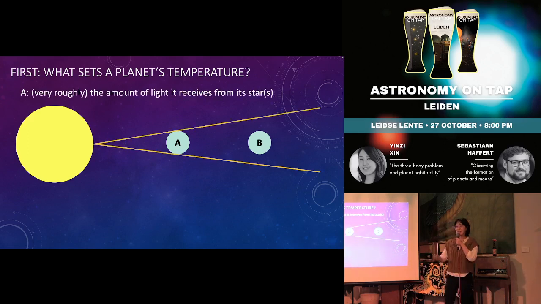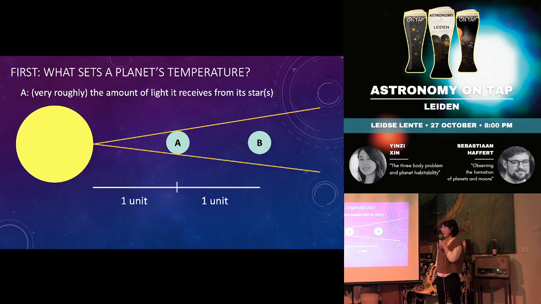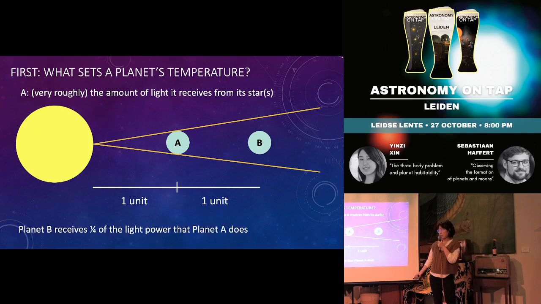Okay, so imagine you have some light coming from your sun, and your planet is just catching that light from the sun. If you do a simple geometric calculation, you can show that the amount of light you capture from the sun, for the same size planet, roughly goes as 1 over the distance squared. So if planet B is twice as far as planet A, it will receive roughly 1/4 of the light.